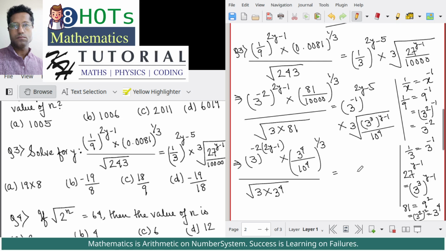On the right hand side we are having 3 raised to the power minus 1 and that again whole raised to the power 2y minus 5.